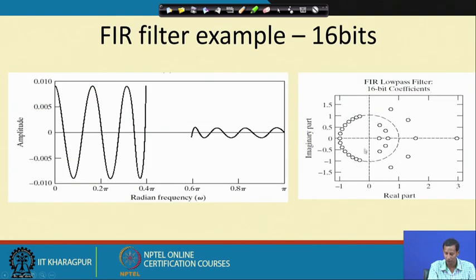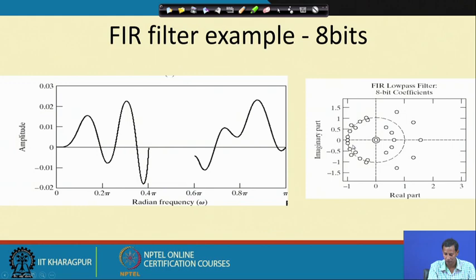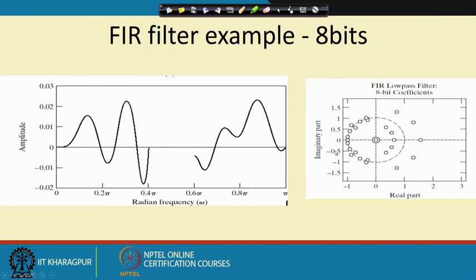So, the performance is sometimes going beyond the unit circle. That means the filter you have implemented in hardware may be unstable at that time.